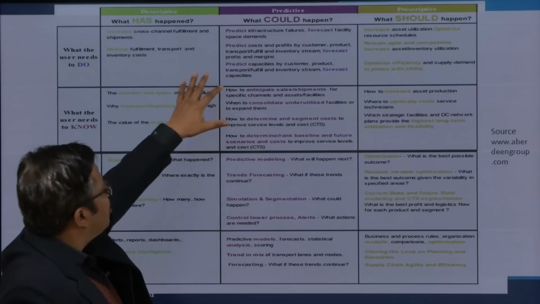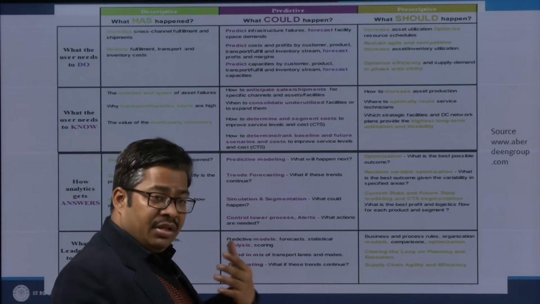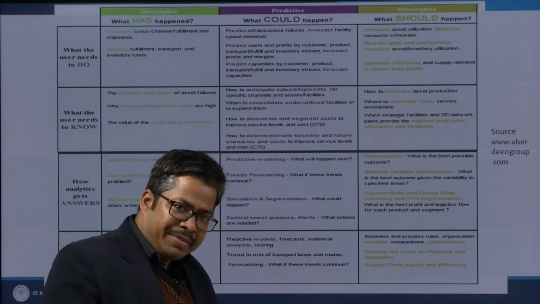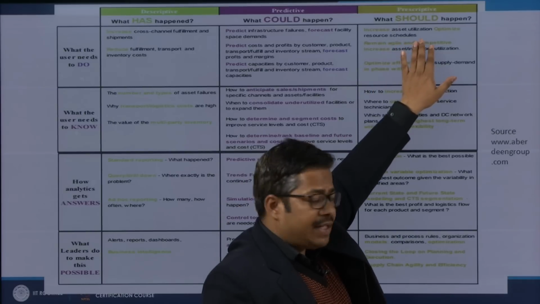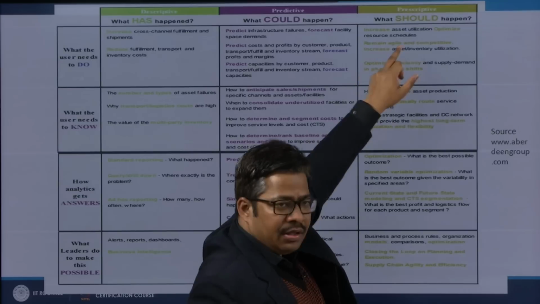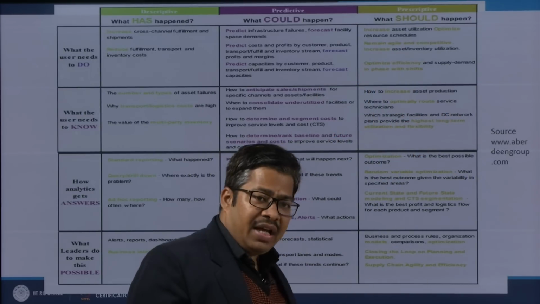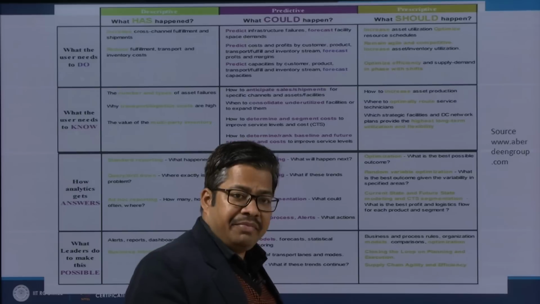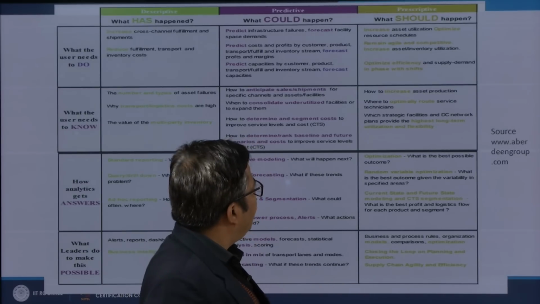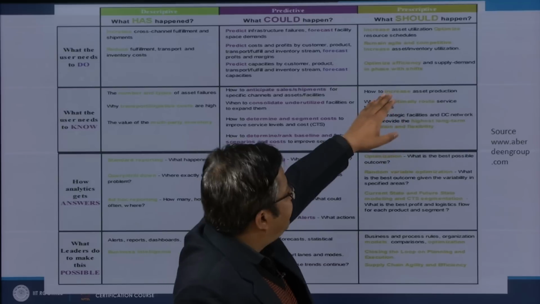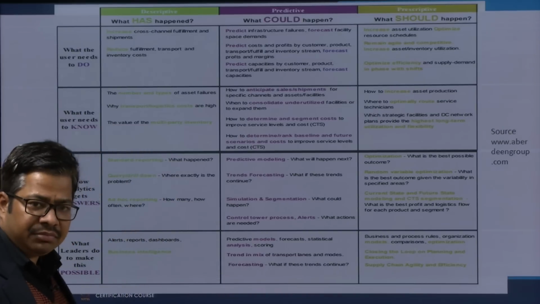So, the user wants to predict these things, and the user wants some kind of optimized solution to increase asset utilization, optimize scheduling of the resources, remain agile and competitive, increase asset and inventory utilization, optimize efficiency and supply demand in phase with the shifts.